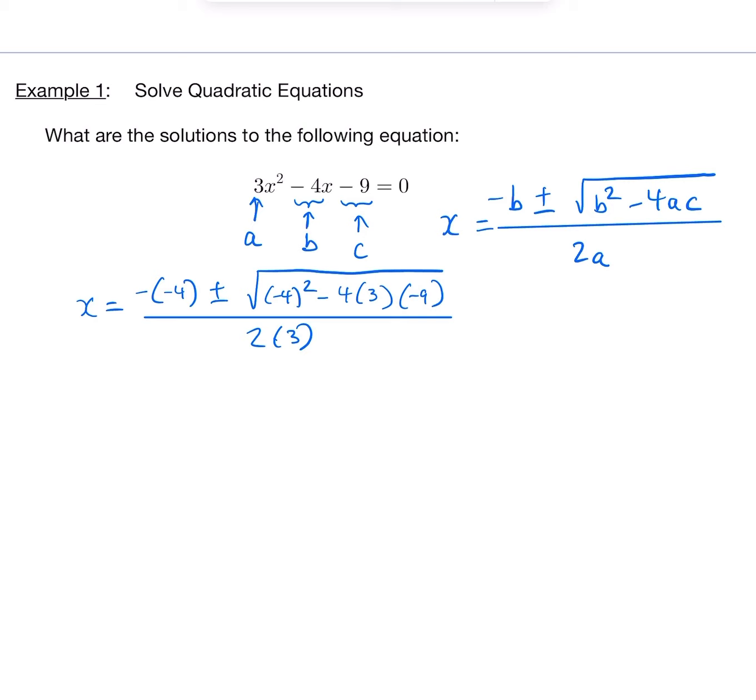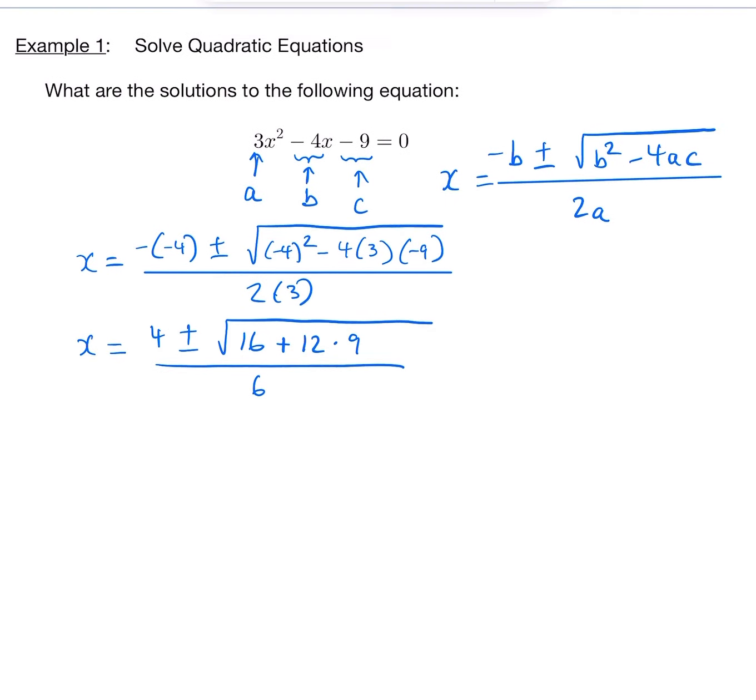We're going to continue to simplify. Negative 4 would just be a positive 4, plus or minus the square root of 16. We have a negative here and a negative here, so we end up with a positive, and that's going to be 12 times 9, all divided by 6.